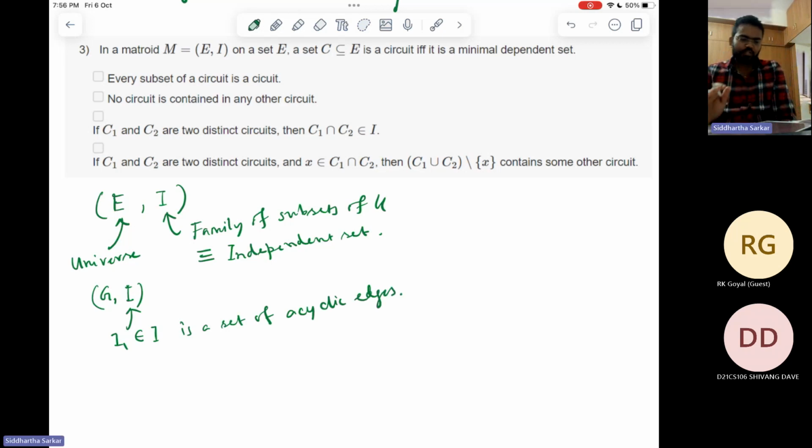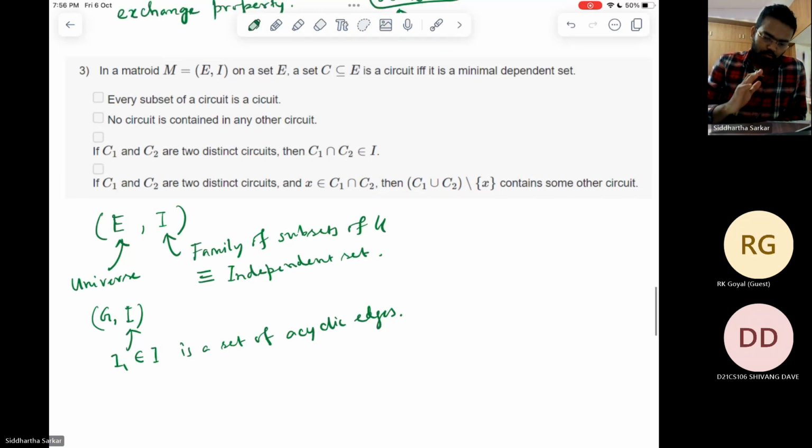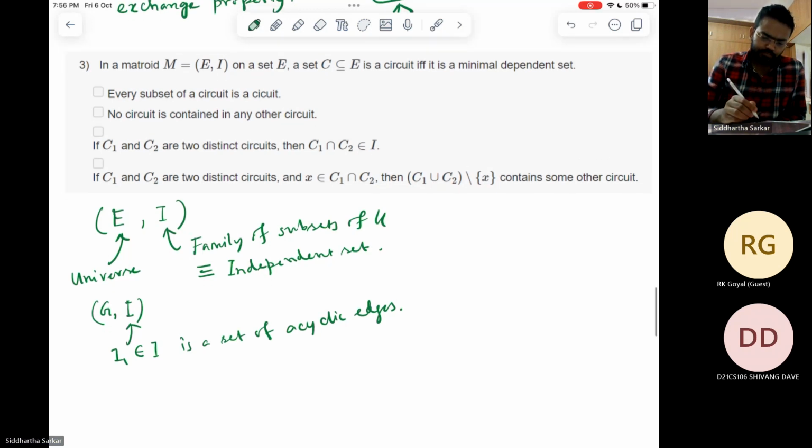So let's do it from this perspective. What we said is that we were talking about maximal.